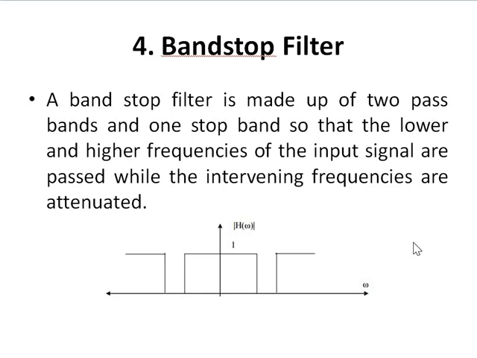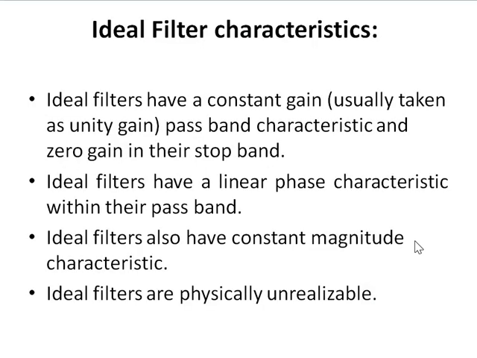So these are the different filters which are widely used in applications. Here we have to design these types of filters in the digital manner. That's why we should focus on designing digital filters.